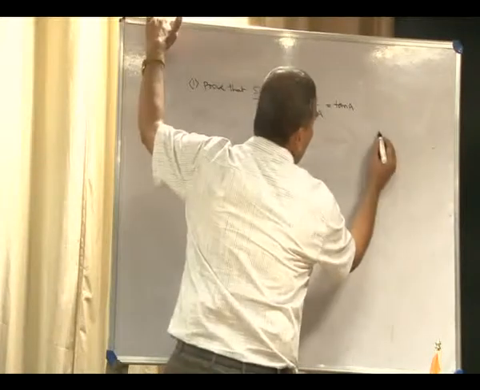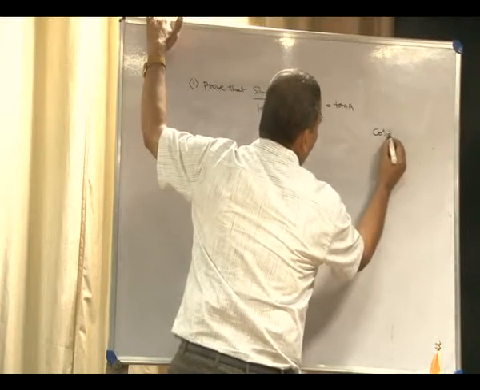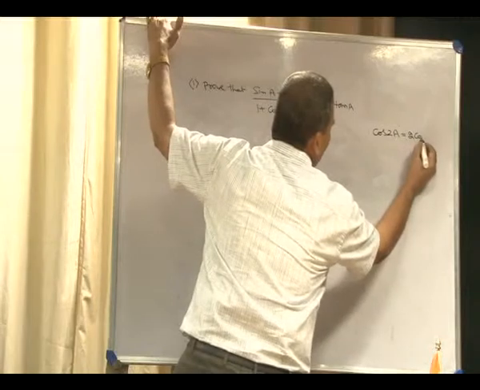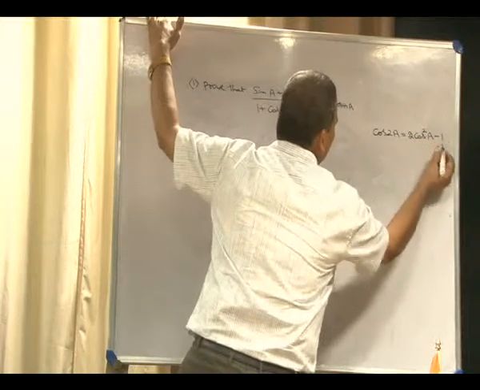The formula for cos 2A in terms of cos is 2 cos square A minus 1.